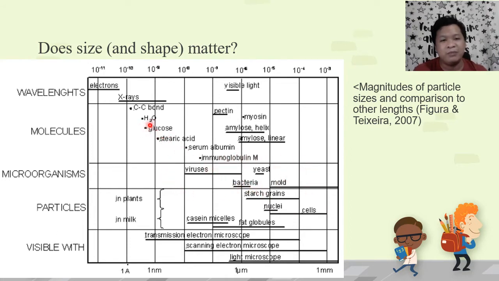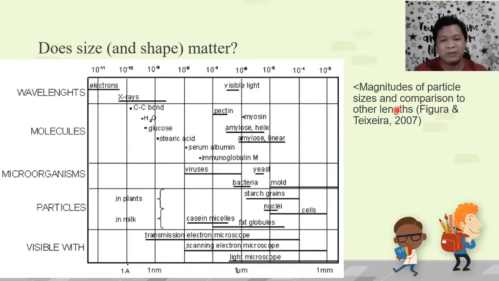And then we have the molecules such as glucose and water and stearic acid. So even though ganito nakaliit, no, actually yung pinaka-itsura nila, yung pinaka-geometry nila, still play an effect, no, on whether or not yung properties nila would be determined by that. So we'll try to look at some of them.